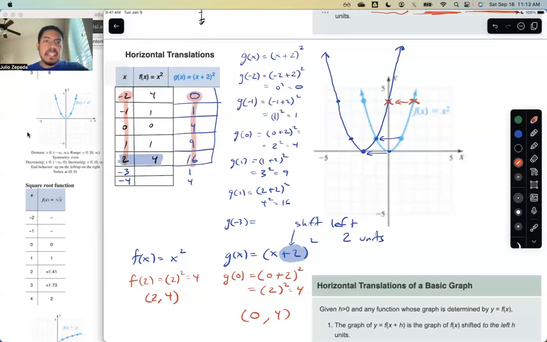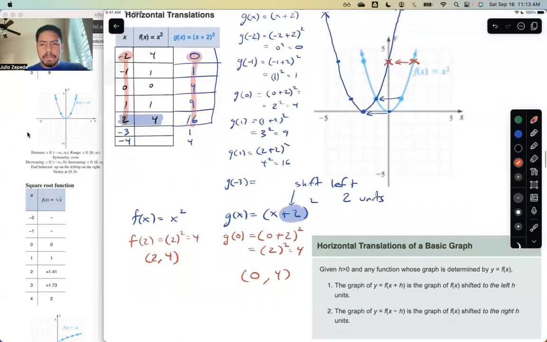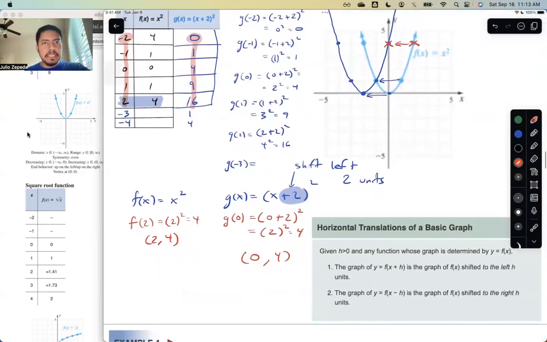Now, that's a lot of stuff there, but we can generalize this. Let's start here. Let's say we're given some value h, which is a positive number, and we have a graph y equals f of x, which in this case, f of x was x squared.